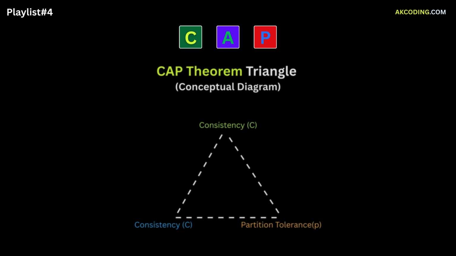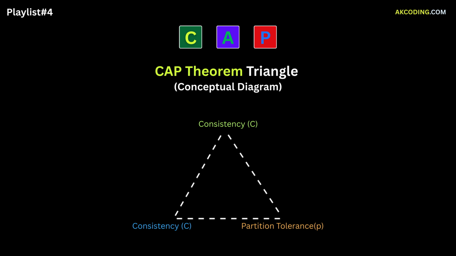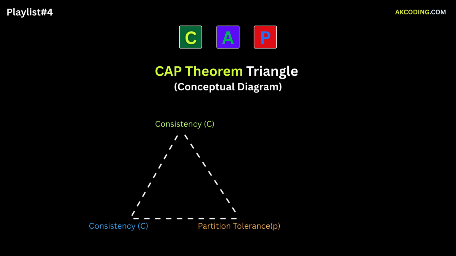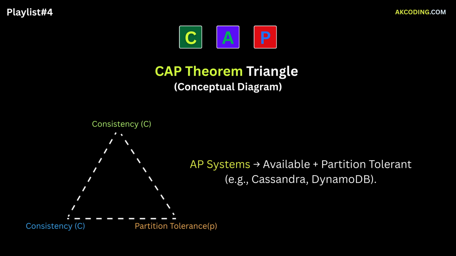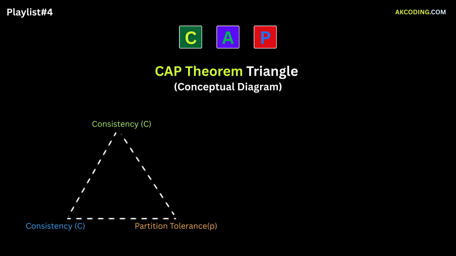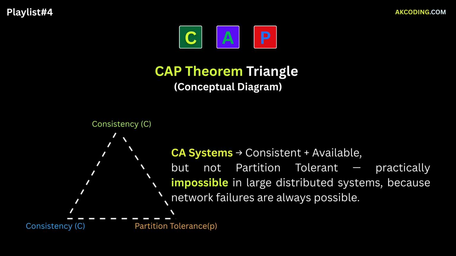Let's understand the CAP triangle and trade-offs, that is pros and cons. Here is the famous CAP triangle. CP systems, that is consistent plus partition tolerant. Example, HBase, MongoDB in certain modes. AP systems, availability plus partition tolerant. Example, Cassandra, DynamoDB. CA systems, consistency plus availability but not partition tolerant.